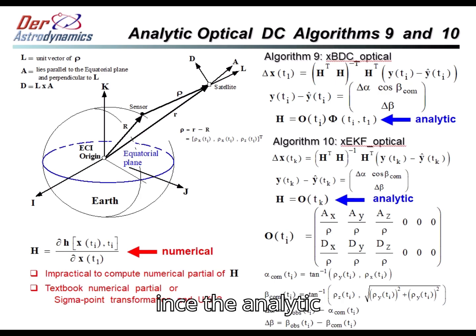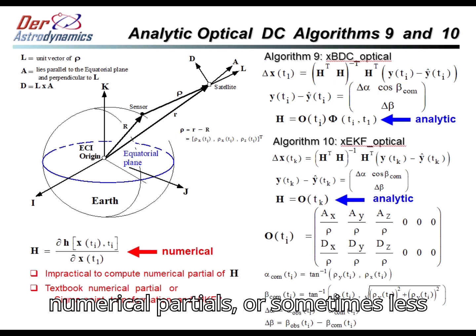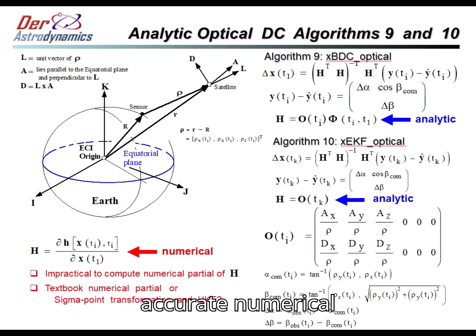Since the analytic and accurate observation matrix H can be computed in BDC and EKF, the numerical puzzles, or sometimes less accurate numerical observation matrix H, becomes redundant. The unscented Kalman filter UKF may be good for other applications, but not astrodynamics.